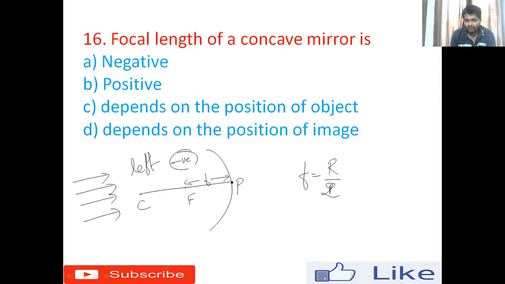Now focal length is on this side, measuring from the pole of the mirror and opposite to the light direction, so it must be taken as negative. So remember, the focal length of the concave mirror is taken as negative. So the right answer for this question is option A, negative.